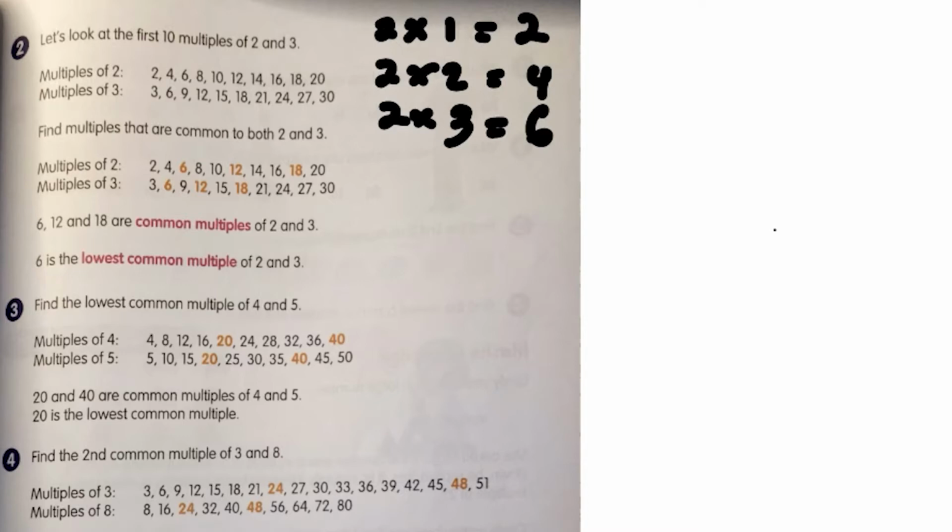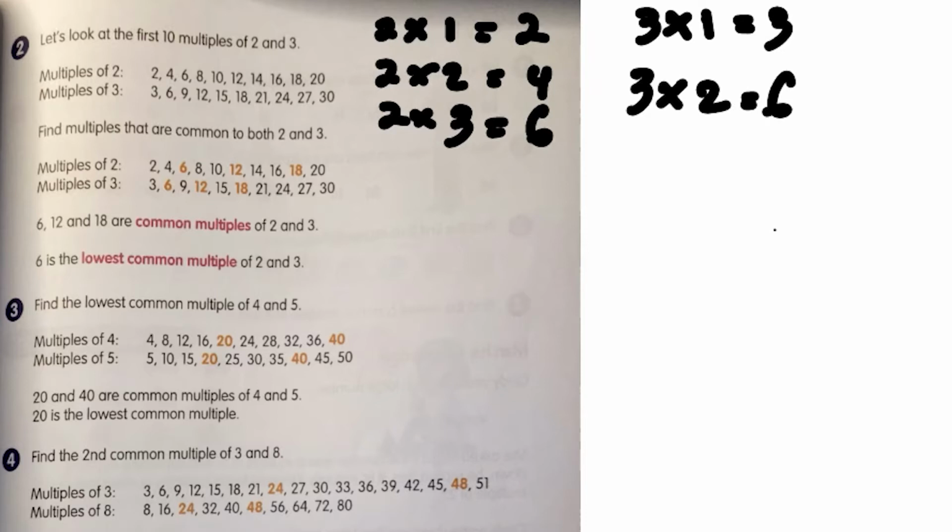3, 6, 9. From 3 times 1 equals 3, 3 times 2 equals 6, 3 times 3 equals 9. Okay, find multiples that are common to both 2 and 3. The first is 6, and the next 12, and the next 18.